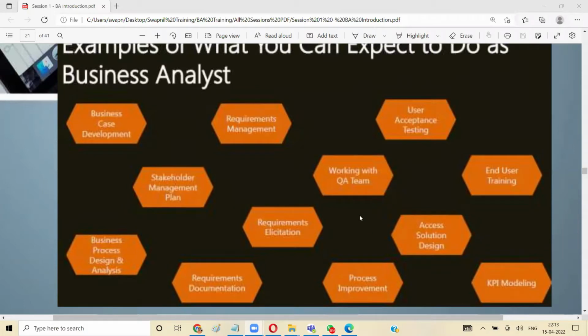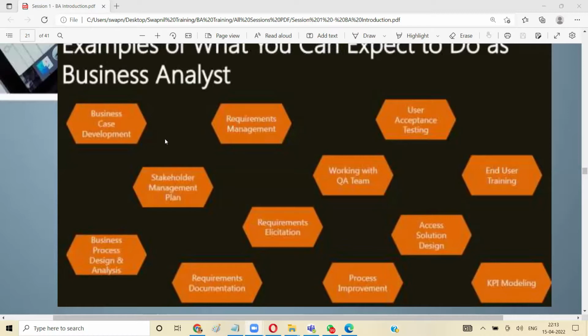Any question on what we discussed yesterday? Yesterday we discussed business case development, requirements. We'll get into details. This is just giving an introduction. Now we are at phase 2. Phase 1 was day 1 when we spoke about BA at a very high level. Then we are going down to the next level where we're talking about the terms. In the next session, we'll start getting into the third level where we'll focus on details.